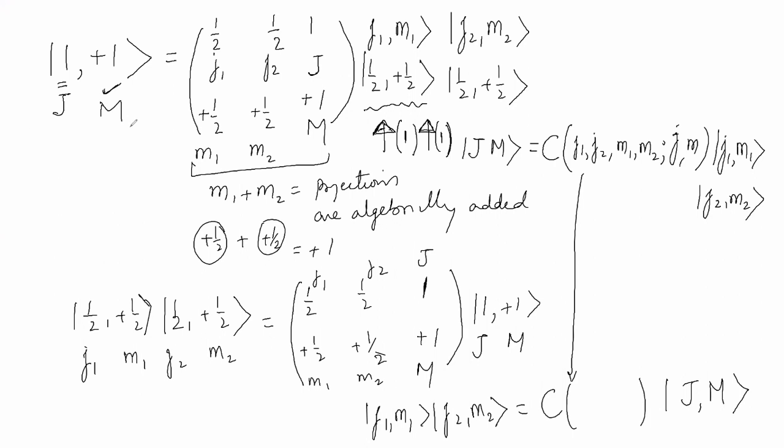Therefore, a 1 plus 1 state of a system you can only obtain when in both these states the particle is in the spin up direction. Similarly, if I ask you what will happen when I want a combined state of 1 minus 1?